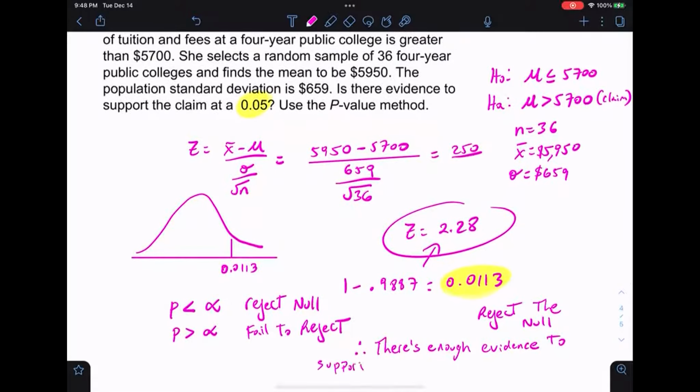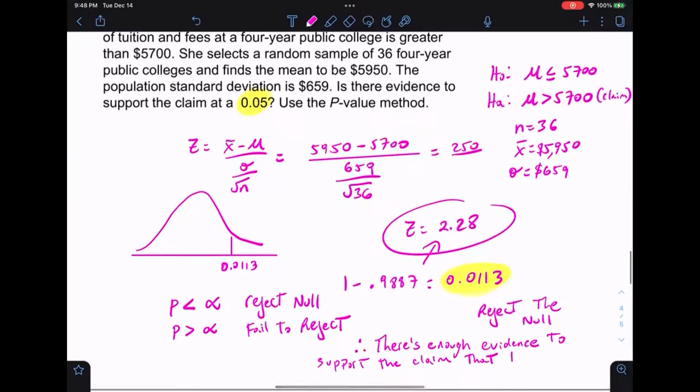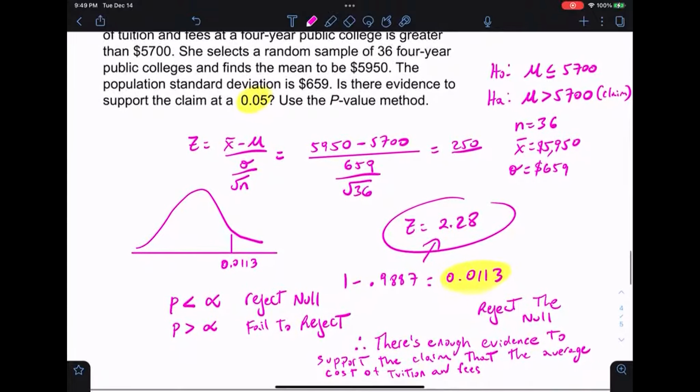The claim is that the average cost of tuition and fees at a four-year public college is greater than $5,700.